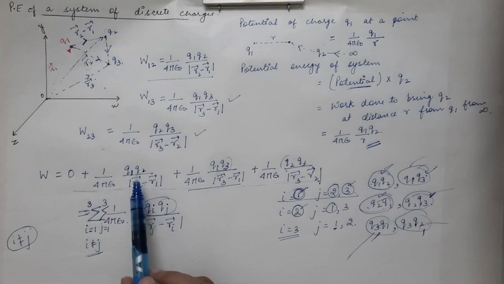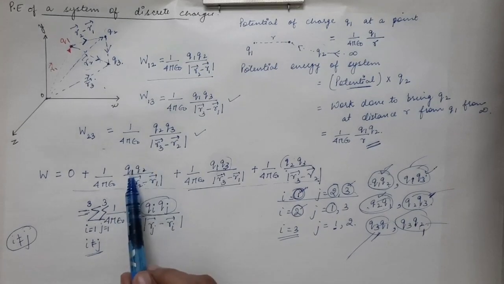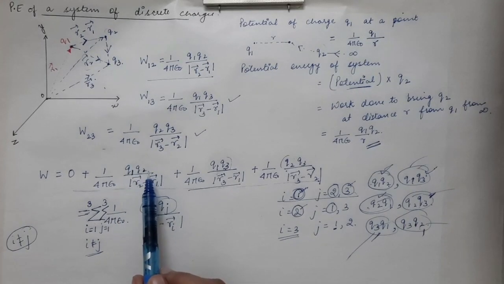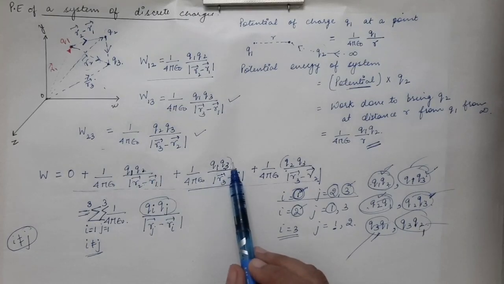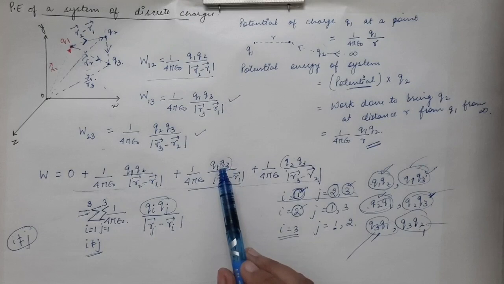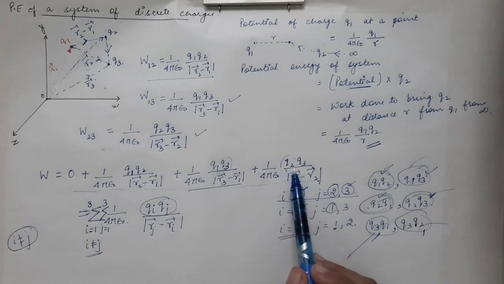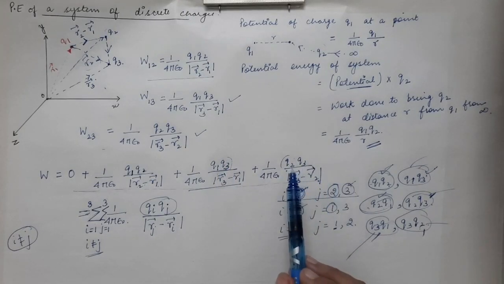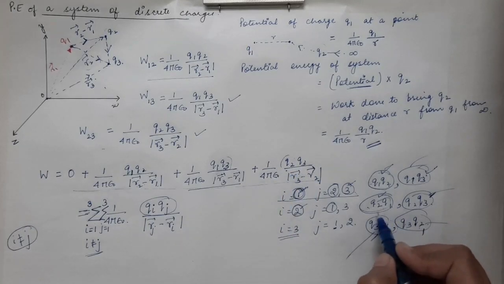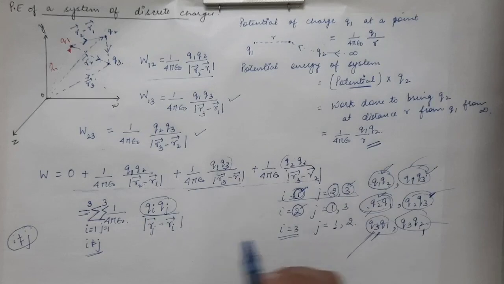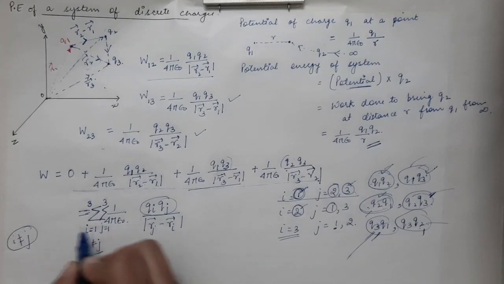So instead of getting just 1 term, you can see that you have Q1 into Q2 but you do not have Q2 into Q1, and here you have Q1 into Q3 but you do not have Q3 into Q1, and here also you have Q2 into Q3 but you do not have Q3 into Q2. So we have to cancel the double terms that are appearing. Therefore we will divide this whole expression by a factor of 2.